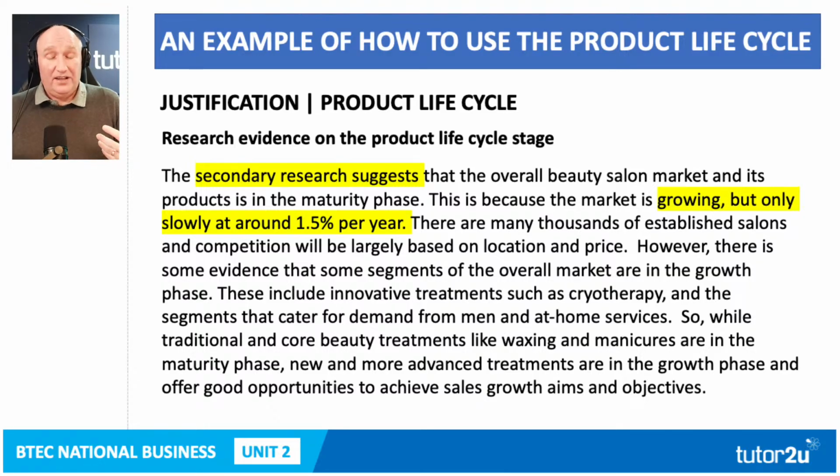Okay? So I think I've applied the research to the product life cycle. I said, overall, it looks like it's the mature phase. However, there is some evidence that some segments are not in the maturity phase, but in the growth phase. Which ones? Well, for example, innovative treatments such as cryotherapy and beauty services for men and at-home services.